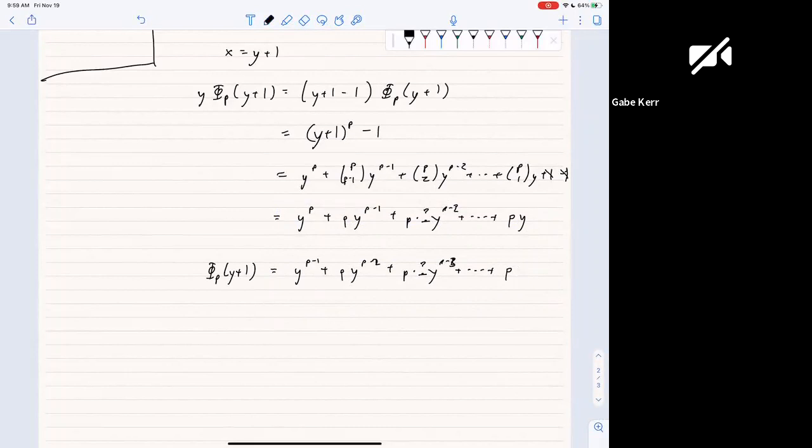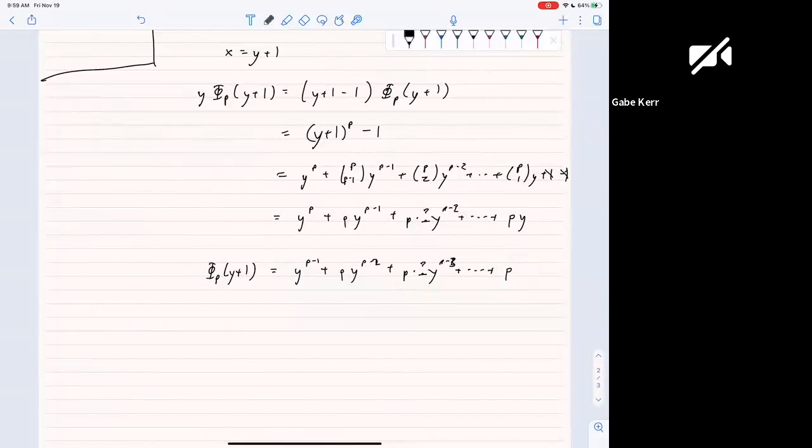Now we look at the coefficients, and now we remember Eisenstein. We feel great. We've got P divides all of these coefficients. Of course, it doesn't divide 1. And furthermore, the last coefficient is just P, so P squared does not divide the last coefficient.